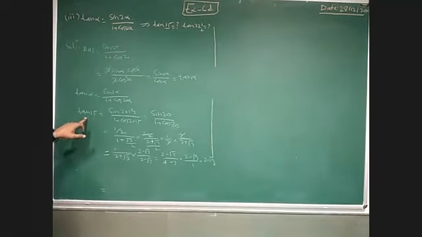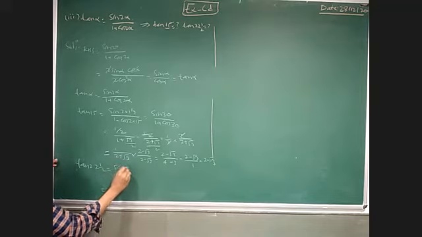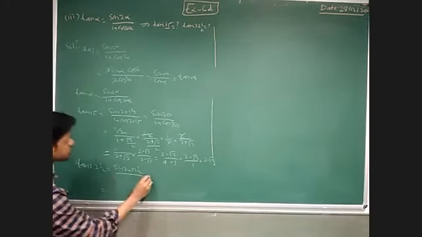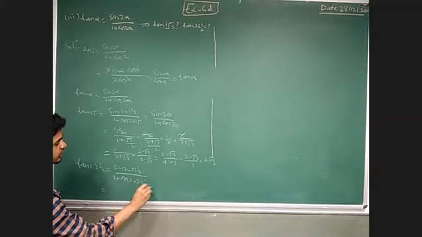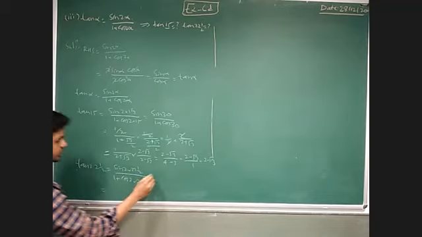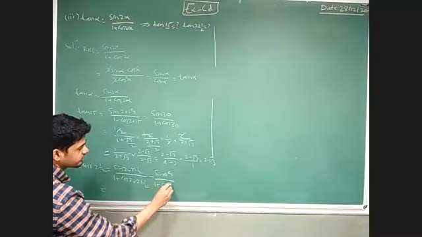Now we have to find tan 22 and a half. Okay, so tan 22 and a half is homework. You have to put only sin 2 into 22 and a half, then 1 plus cos 2 into 22 and a half. Then 22 and a half into 2 will be 45. So sin 45 and here cos 45.